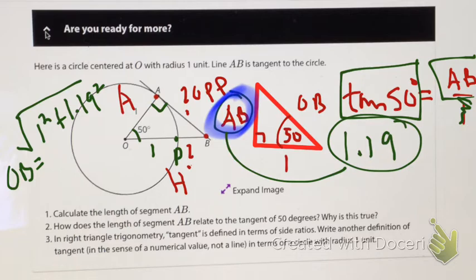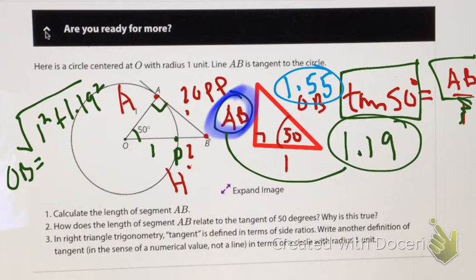So let me do a little fancy calculator work off screen for a moment. That's the square root of 1 squared, which is 1, plus 1.19 squared. And we come up with a number of 1.55. That is the overall length of the entire long side, OB. So I'm just going to put it over here as 1.55.